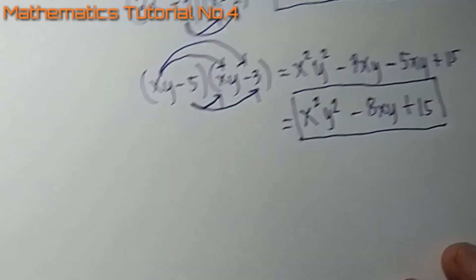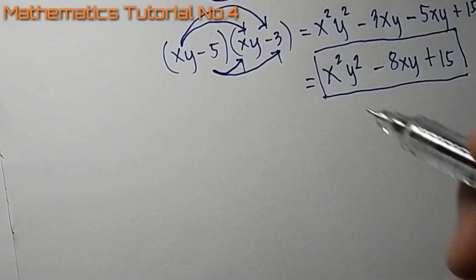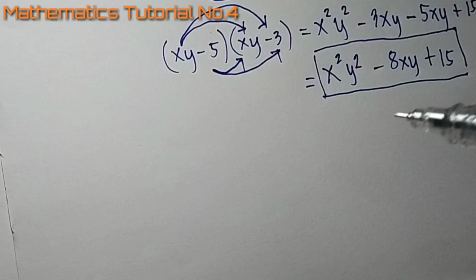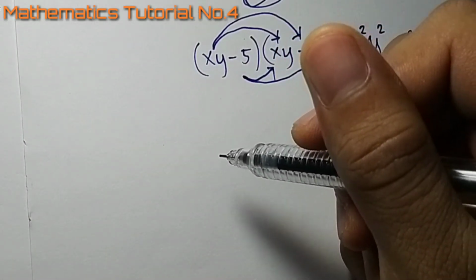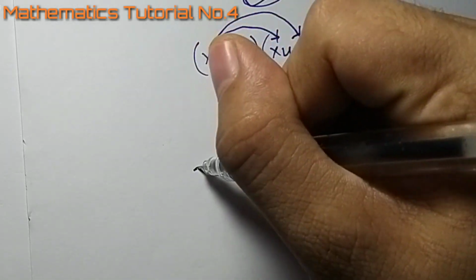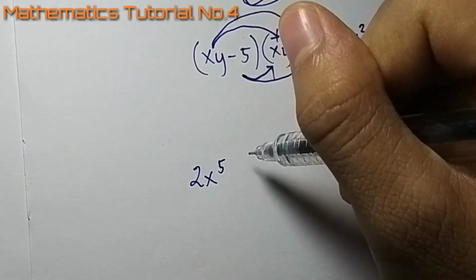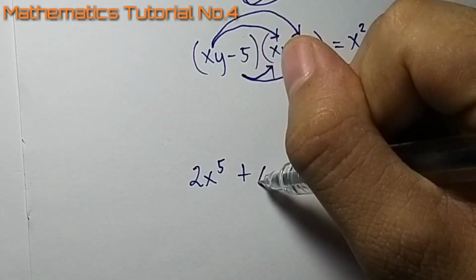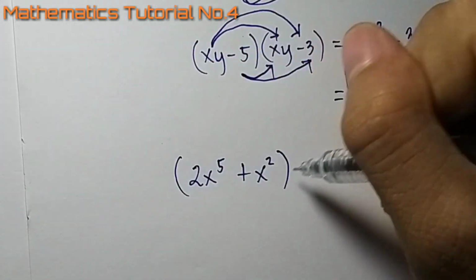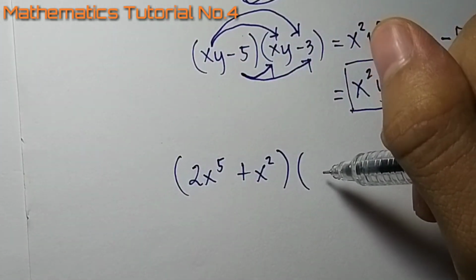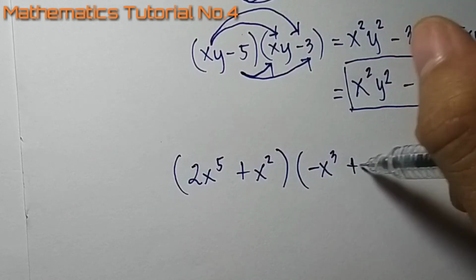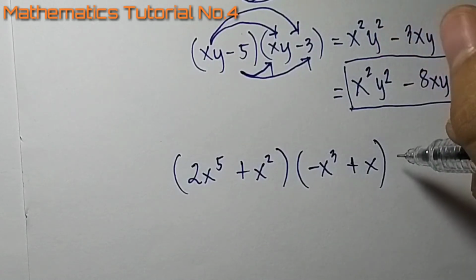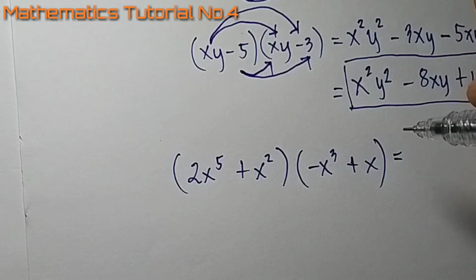Okay, let's have another example para mas masabtan pa gyud nato, daghan ni nato og example. So let's have 2x to the power of 5 plus x squared multiplied by negative x cube plus x. Kini kay lahi na kaysa sa kasagaran natong example.